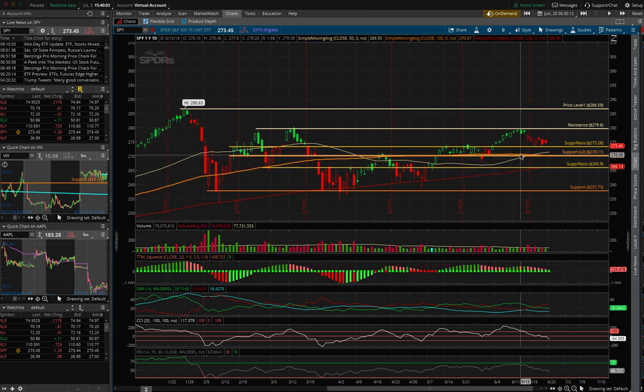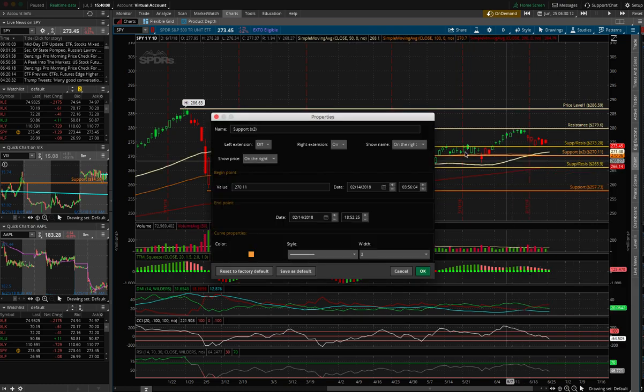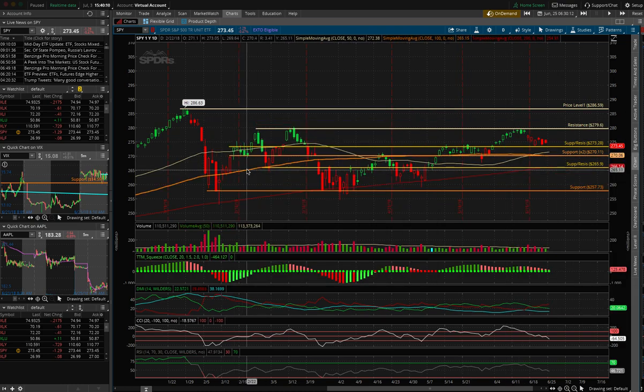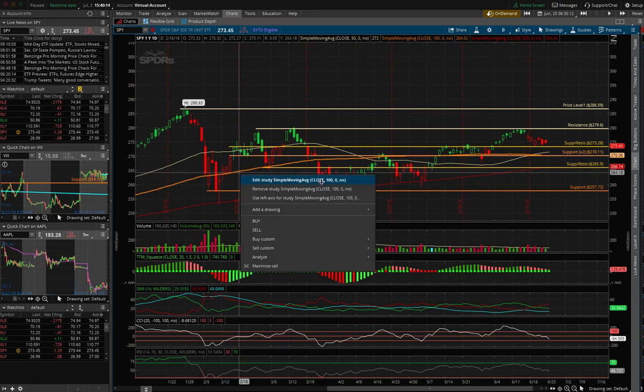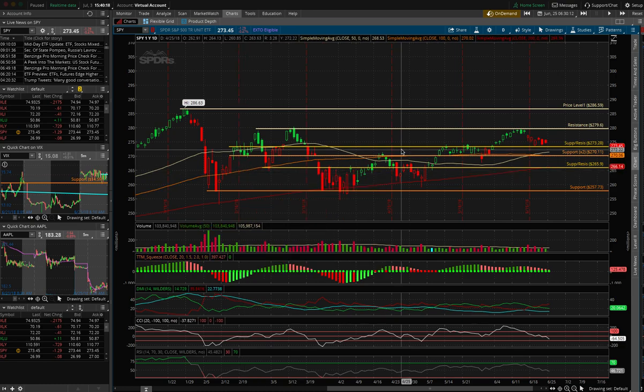Okay, this is the daily. And also we have the 100-day. So this orange line is the 100-day. So this orange line is at this support. So that's an additional support.